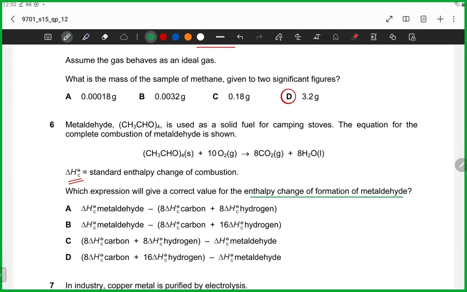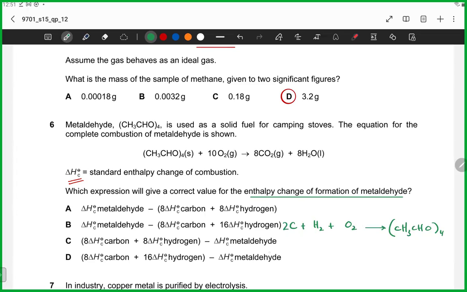Okay, the metaldehyde has to be formed, right? Yeah. So it's CH3CHO, 4 times, and it's going to be formed from its elements, which are what? Carbon, hydrogen, and oxygen, right?